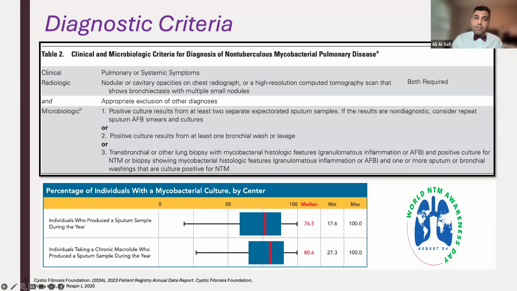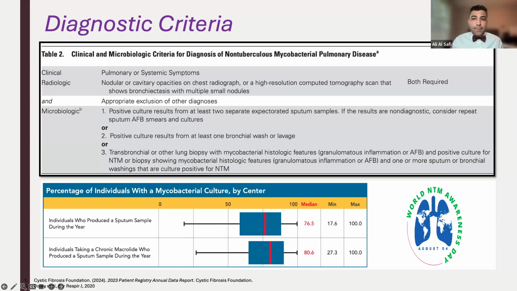And if you look at the percentage of individuals with positive mycobacterial culture, we can see that the median was 76 in those who do not use chronic macrolide therapy and was 80 in those who use chronic macrolide therapy. What I mean by chronic macrolide therapy is chronic azithromycin in CF patients.